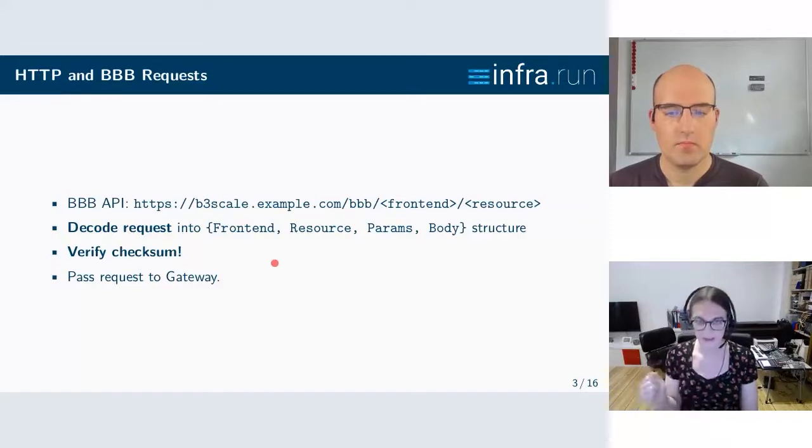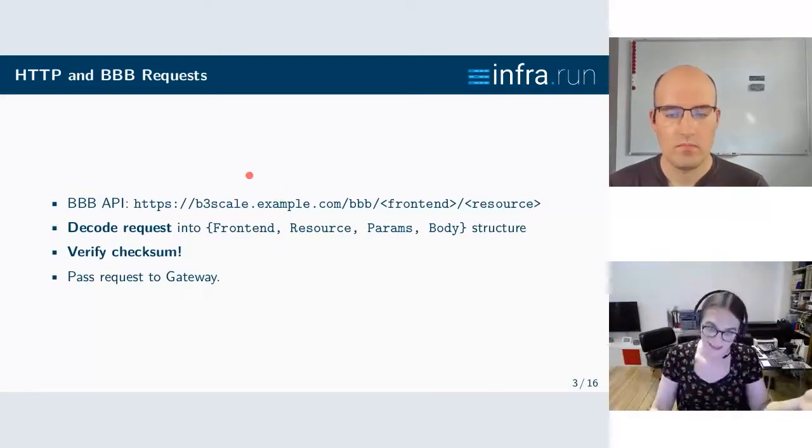So we are dealing with incoming HTTP requests, which are either hitting an internal endpoint, like, for example, the b3scale API, or, for example, the Prometheus metric export, or, well, all these requests are BigBlueButton requests. In that case, we need to decode these into a tuple of front end, resource, parameters, and body, where resource is actually the endpoint and operation you're doing, like, for example, create room, get meetings, get recordings, and so on.